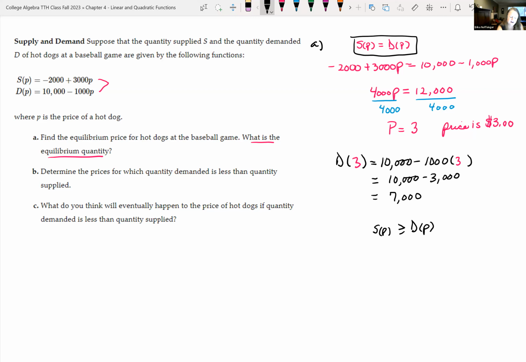So P has to be greater than 3. The quantity demanded is going to be less than what is supplied if the price is greater than $3.